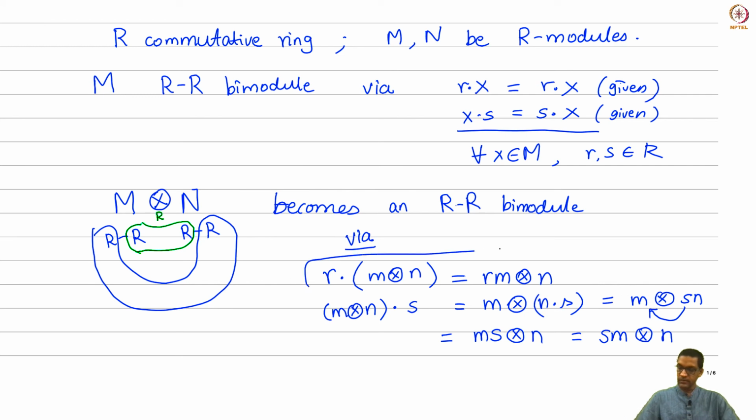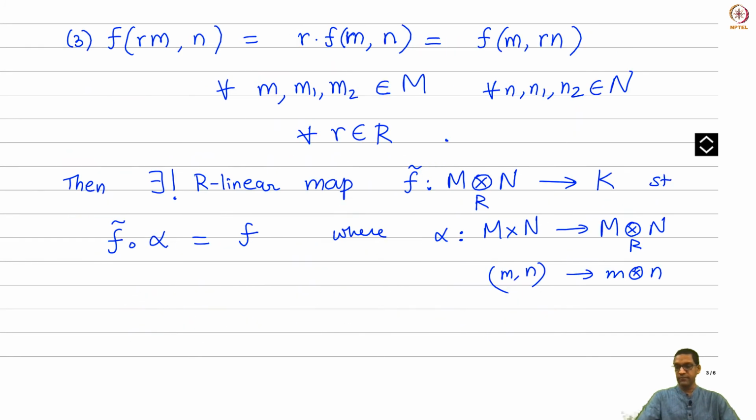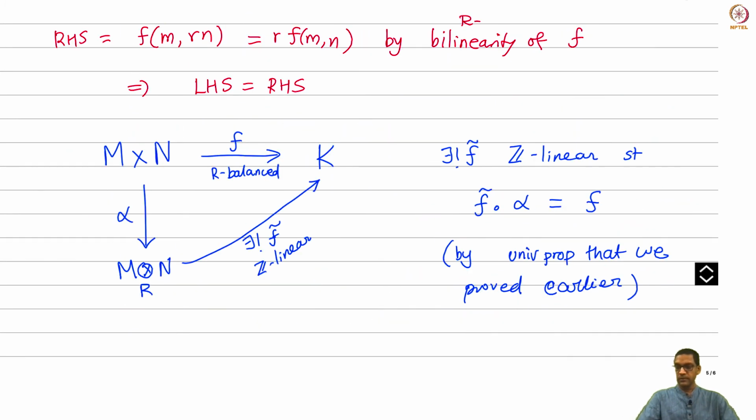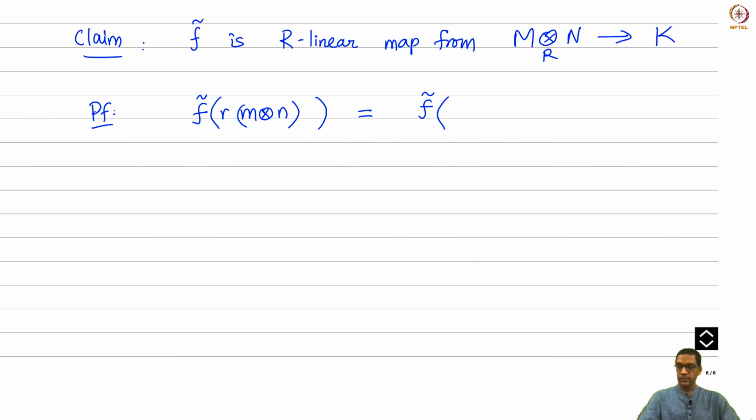An R module structure is you can multiply, say, the first component by r, or you can also multiply the second component, and you give the same answer. So let's use that. So this is just rM tensor N. Well, but what's that? That's just f tilde composition alpha of rM comma N. So, since it makes the diagram commute, this is just the same as f of rM comma N.